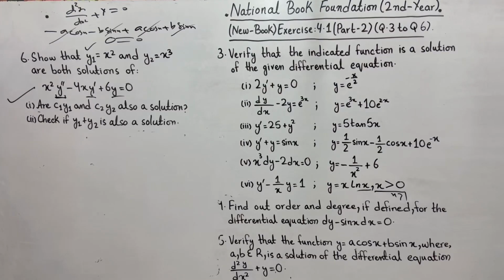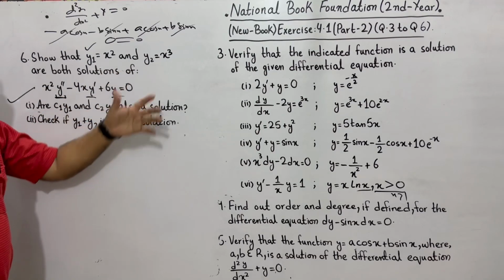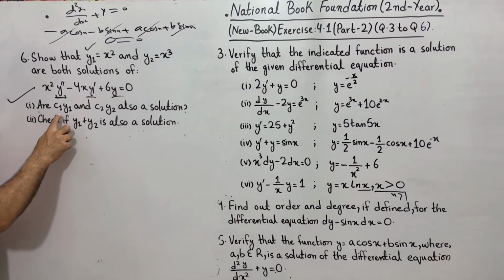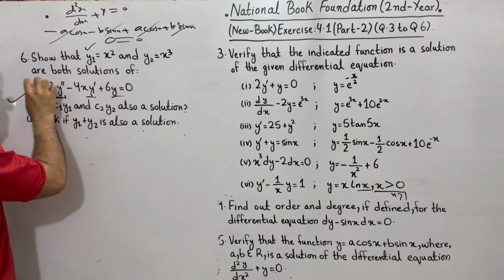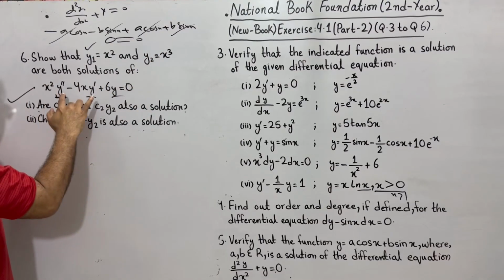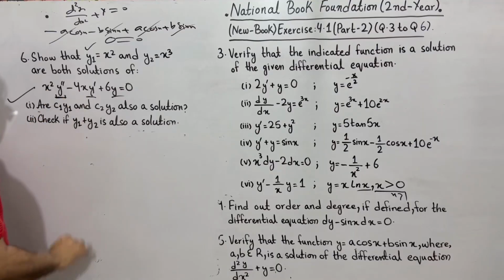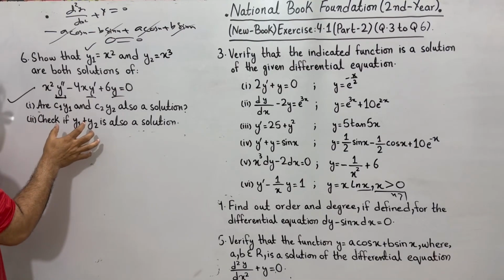A differential equation may have more than one solution, as in this case, this one and this one is a solution. Multiplying any constant with these two solutions doesn't affect the validity of these functions to be the solution of this differential equation, as well as their sum.